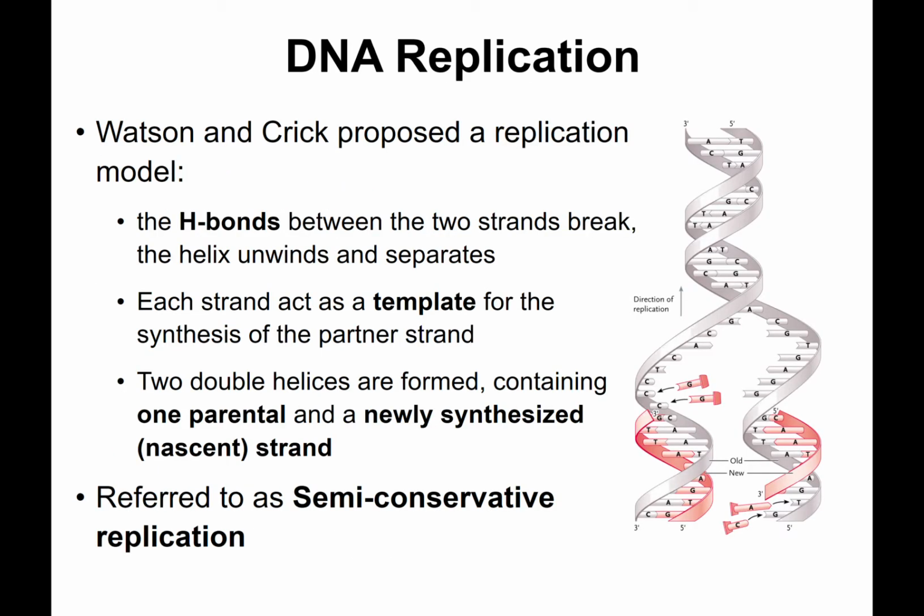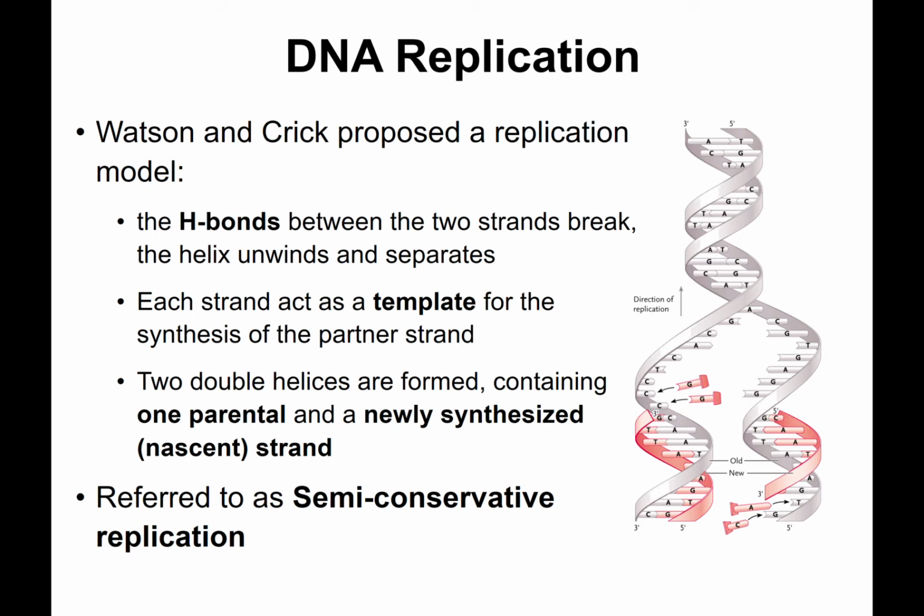So let's start with how DNA is replicated, first of all. If you recall, Watson and Crick came out with this right-handed double helix model of DNA, which is based on two strands being complementary with each other. As soon as Watson and Crick came out with this model, it was fairly clear to them and other scientists too that the structure of the molecule itself could suggest how it could be replicated.